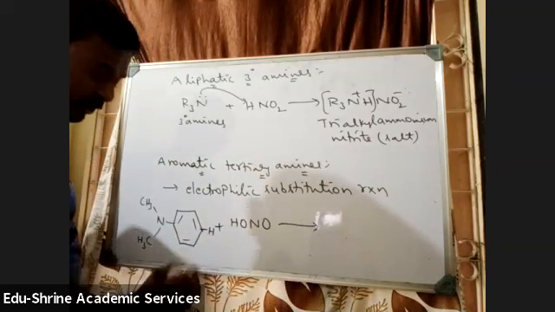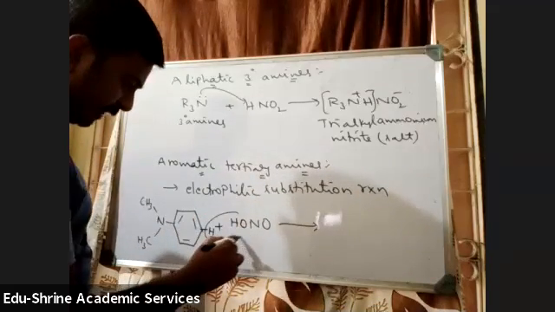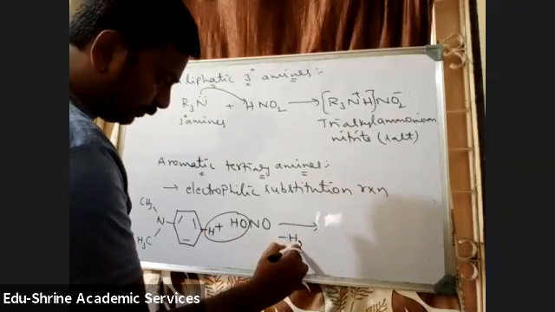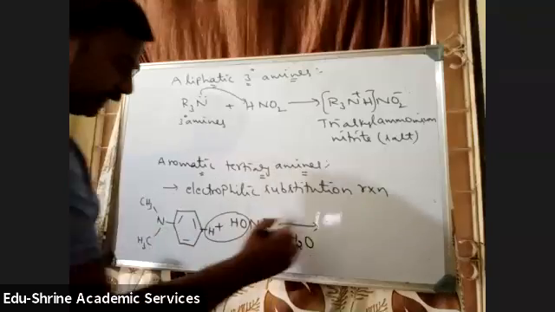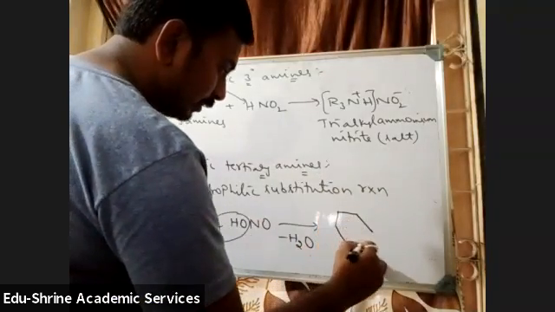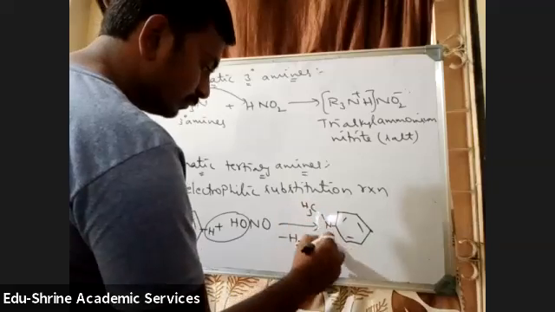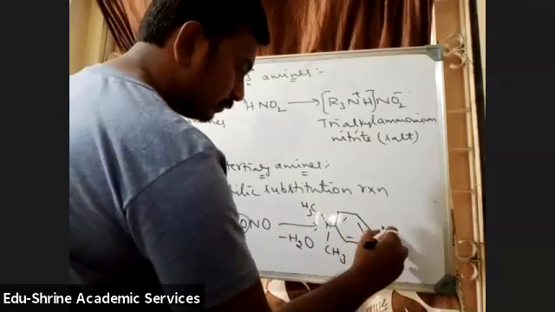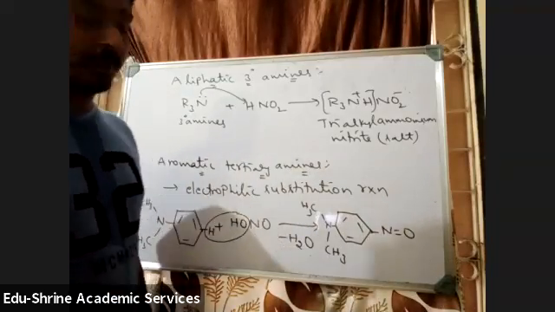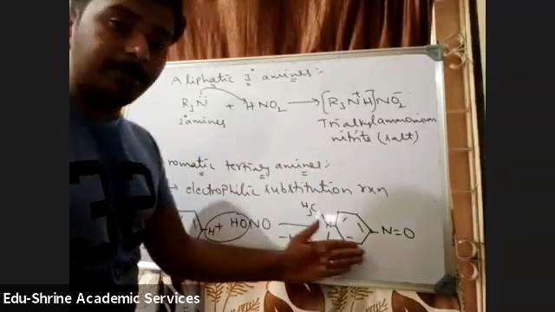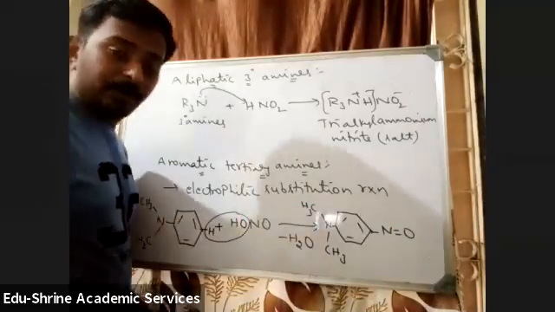At the para position there will be a hydrogen. Hydrogen from here and OH from here will be removed as H2O. NO will be substituting here, so we will get a substitution product. So tertiary amines will be undergoing an electrophilic substitution reaction.